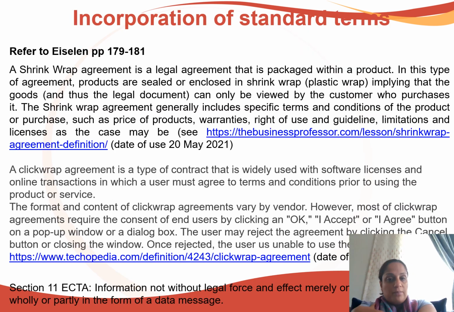What is a shrink wrap? You've got the definition right there. Please read it up. There are links embedded in the PowerPoint itself. Click on those and find out more. But these are where, with goods, you are basically agreeing to specific terms and conditions, price, warranty and so forth.